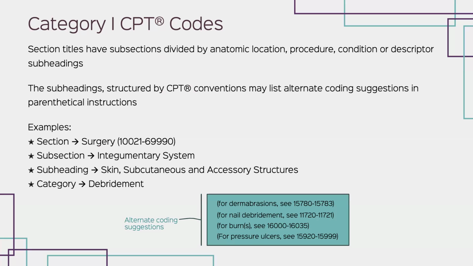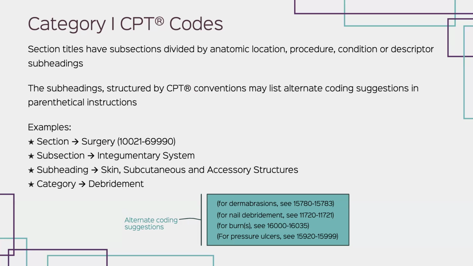Each of your sections are going to have subsections, subheadings, and guidelines. Before your guidelines, you do have alternate coding suggestions that are going to be available that will aid the coder in finding your correct codes. The guidelines that appear below these suggestions will provide valuable information about the correct coding of procedures within the section.